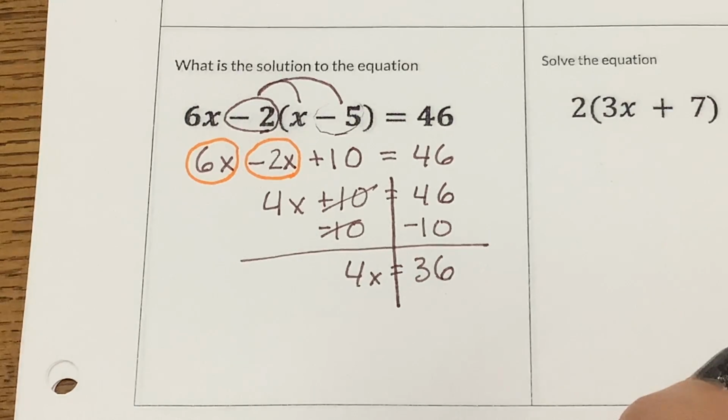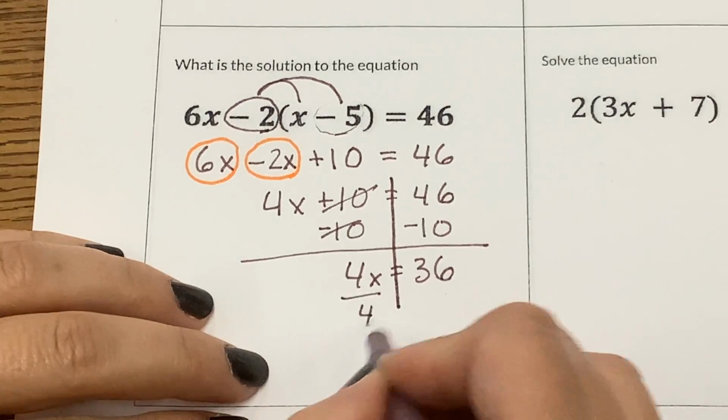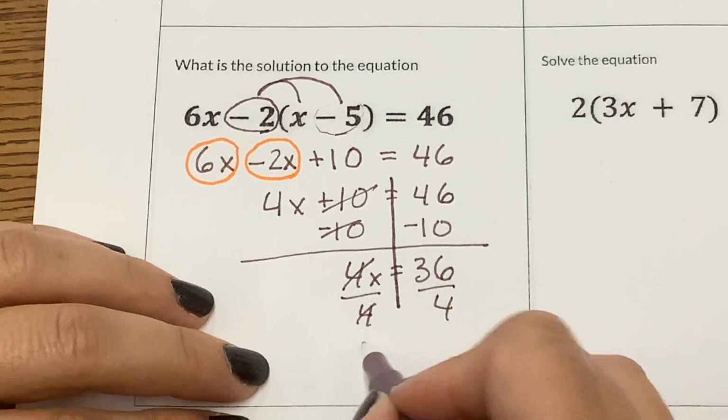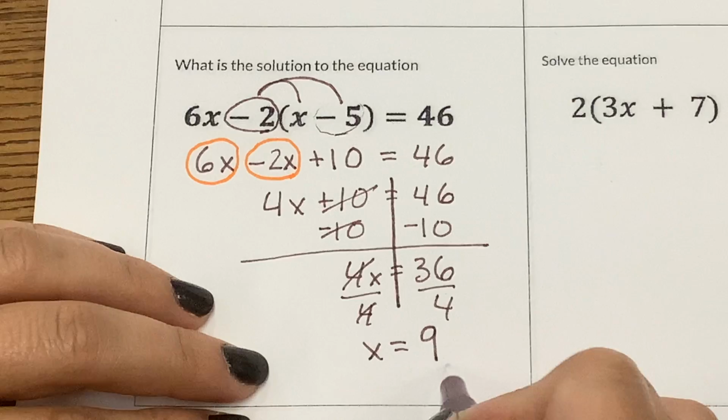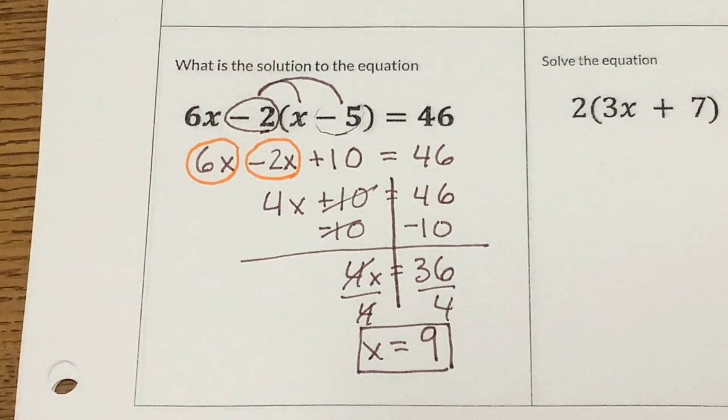And our final step is to divide by the coefficient. So this cancels, and x equals 9. Okay.